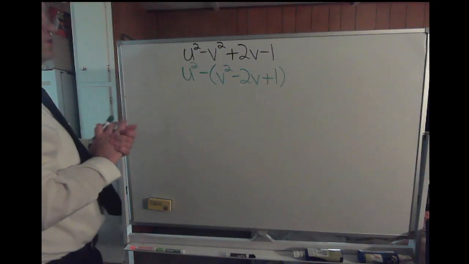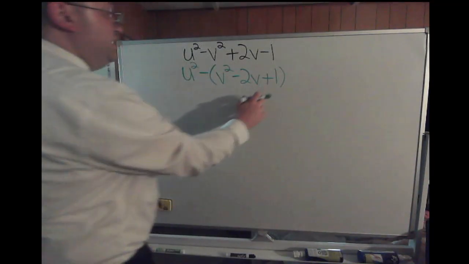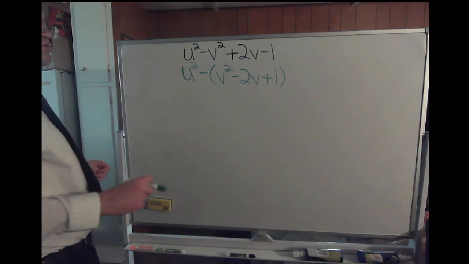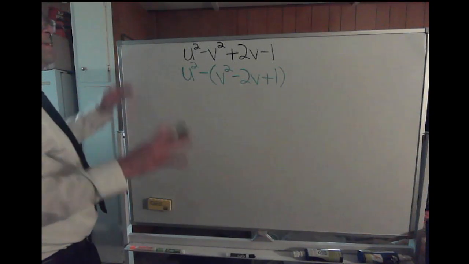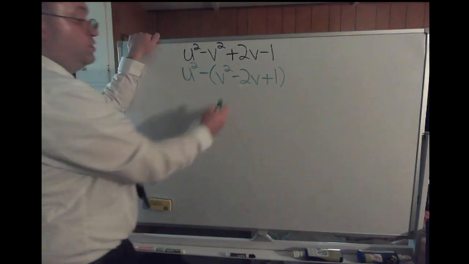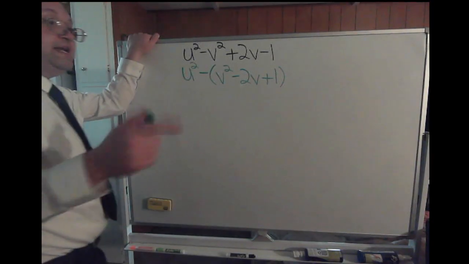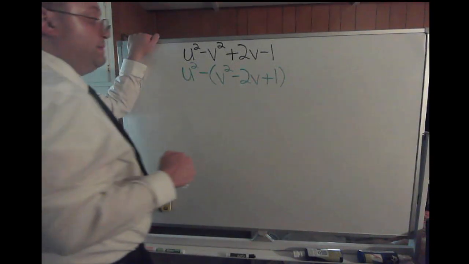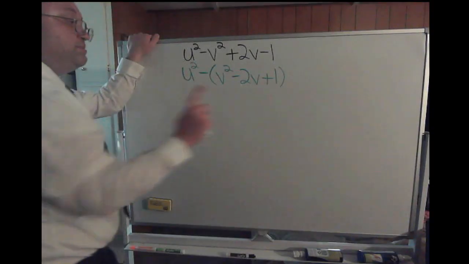Well, it looks like v squared minus 2v plus 1 is yet another binomial square, because the square root of v squared, that's v of course. The square root of 1, you also get negative 1 for a square root. Negative 1 to the second is positive 1.